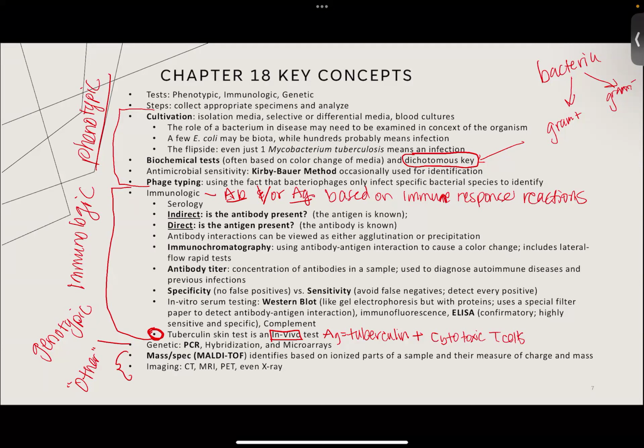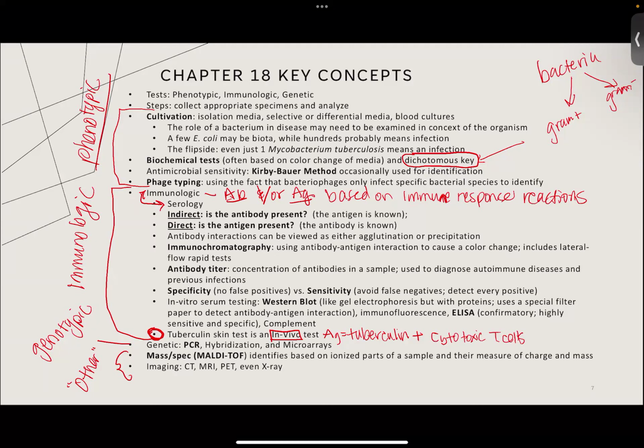That's where the term came from. Nowadays, serology literally just means looking for antibody or antigen interactions based on immune response. Serology and immunologic essentially are interchangeable terms for that reason. For our class, that's definitely the case, okay?